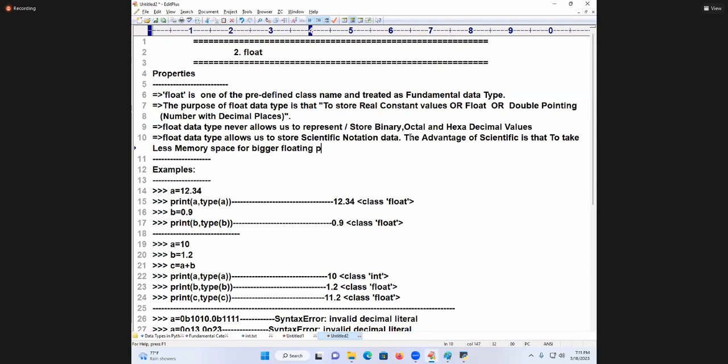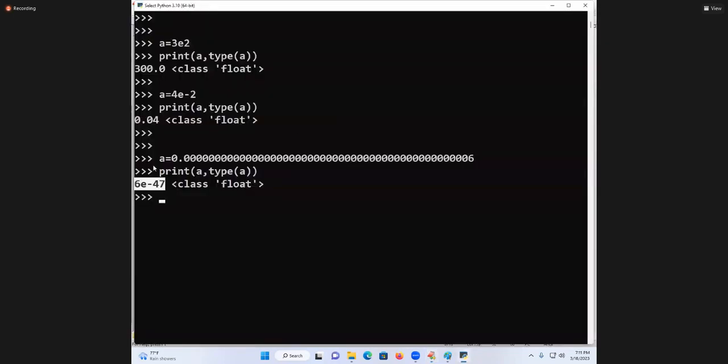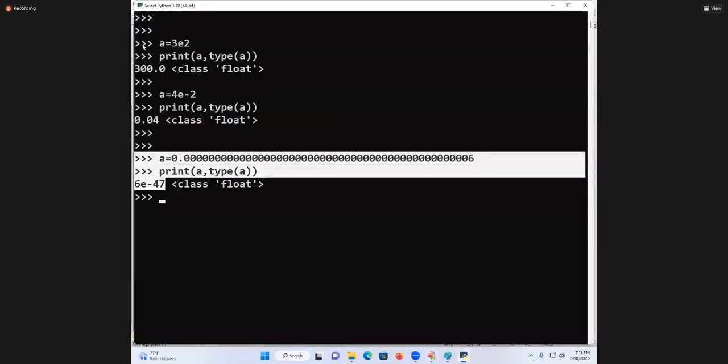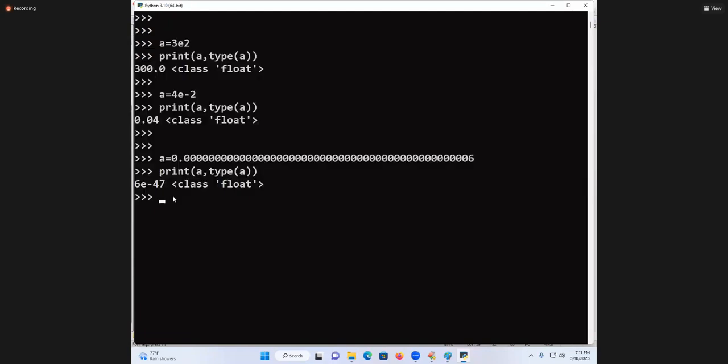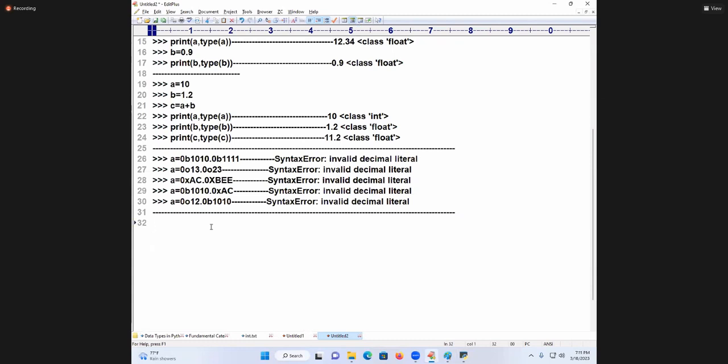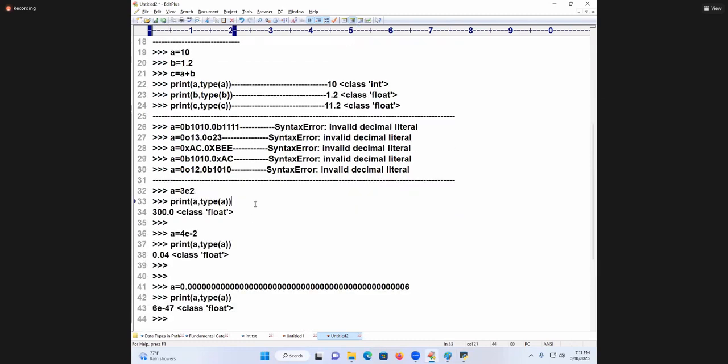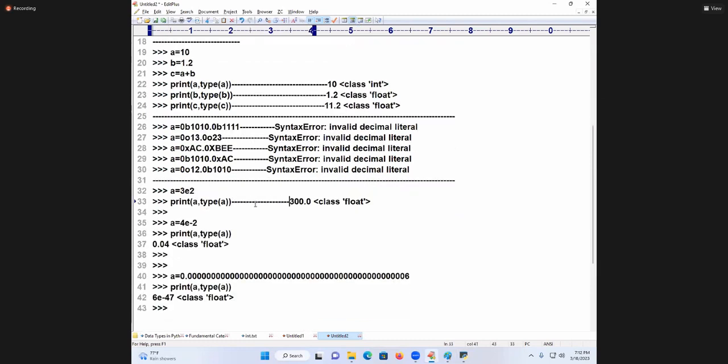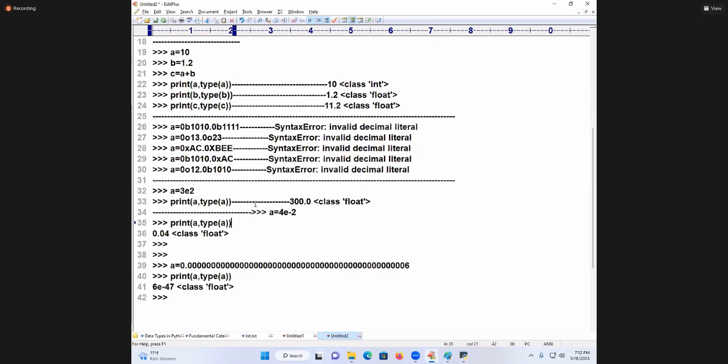In the bracket, of course, I'm writing that example here. So you understand how to convert normal data into floating point.